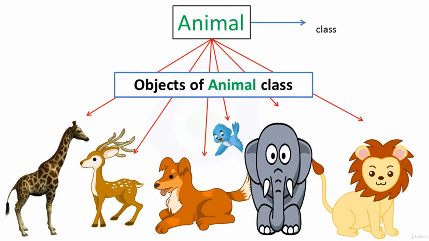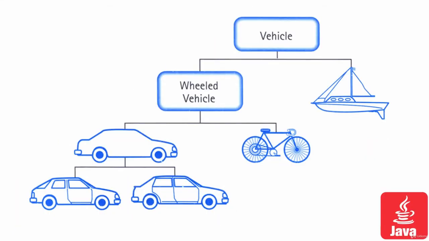A giraffe may be an object of animal class, a dog may be an object of animal class, an elephant may be an object of animal class, a lion may be an object of animal class. So an object is a component or an instance of animal. Object, in other words, is also called an instance of the class. So an instance is a particular entity which is a part of a class. So keep this thing in mind.